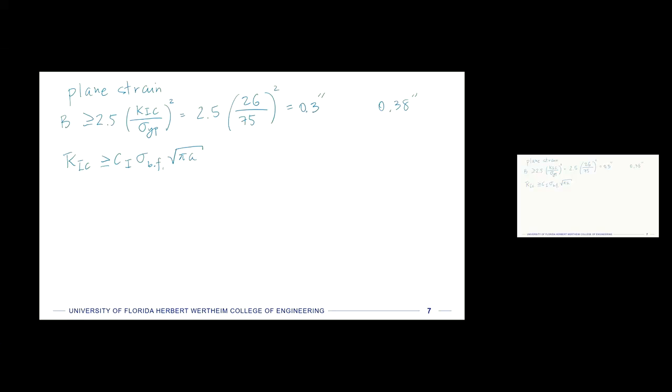What we really care about is the stress, and then we multiply times the area to get the critical load. So I'm going to rearrange this equation and solve for the stress. The stress has to be less than or equal to K1C divided by the geometry factor times the square root of pi a.